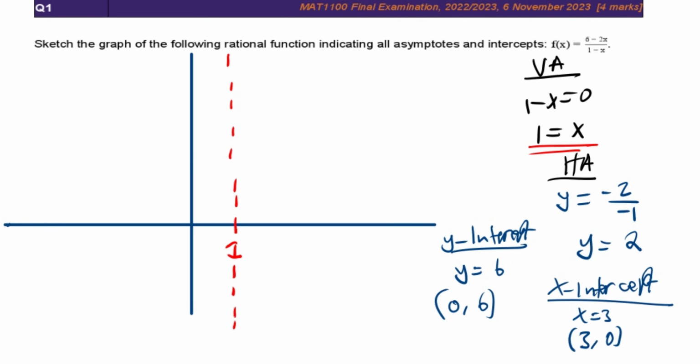Draw a dotted line. So I'll put 2 here, crossing the asymptote, like that. So this is what we are going to do.